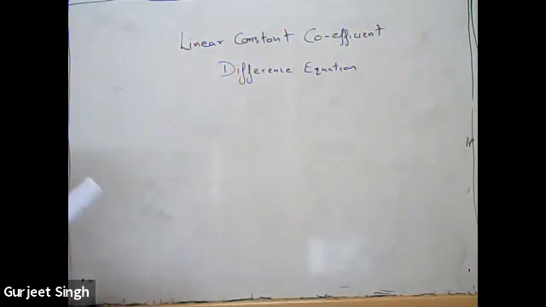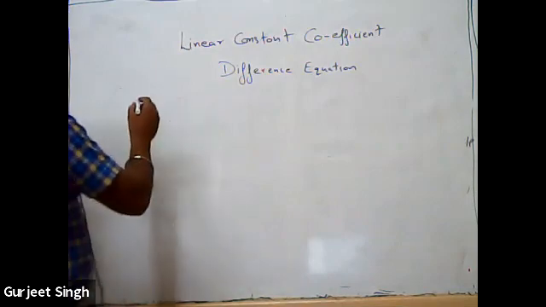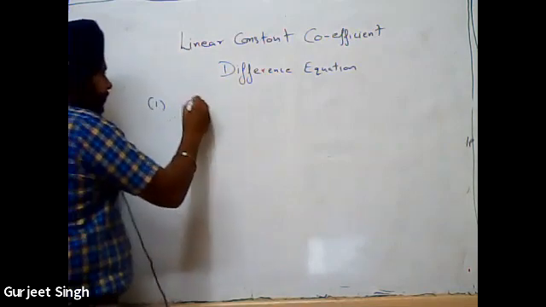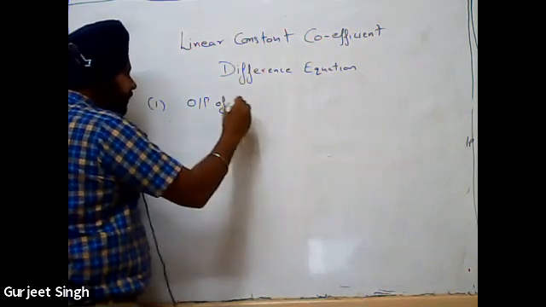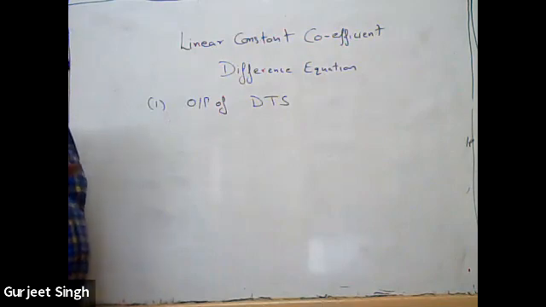The output of a discrete time system is the convolution sum that we have done in the previous topic.